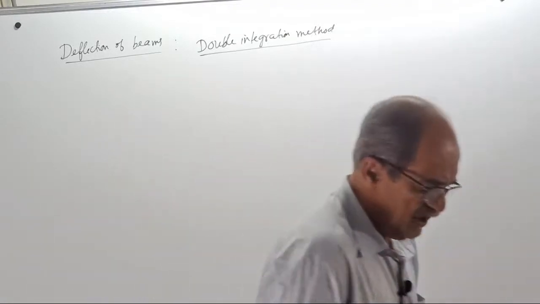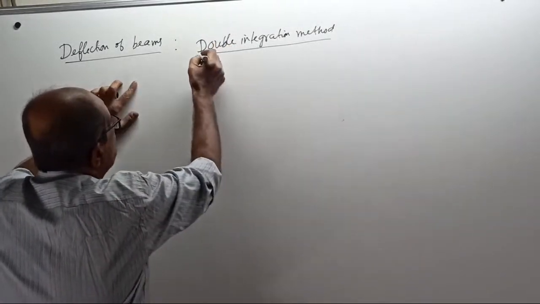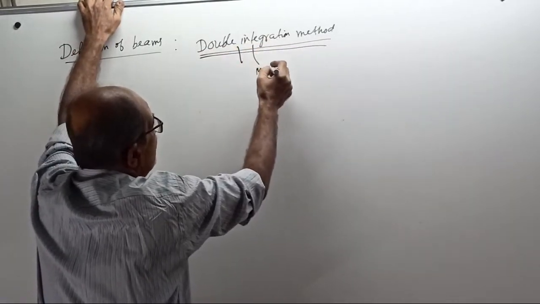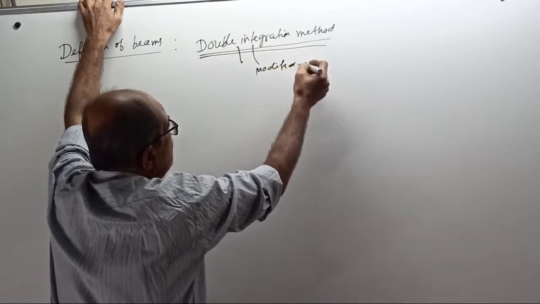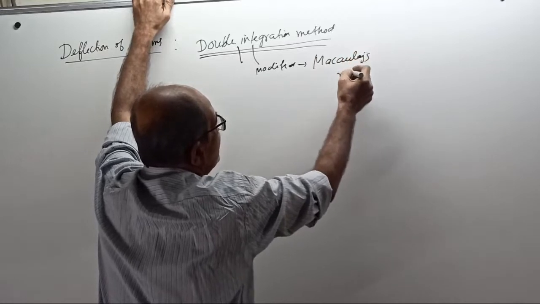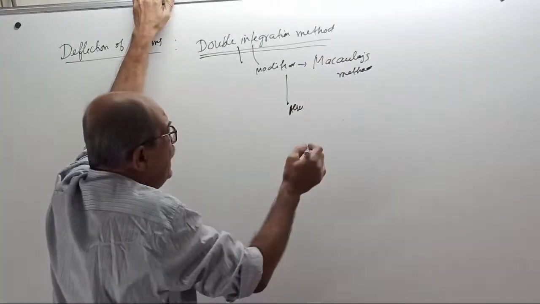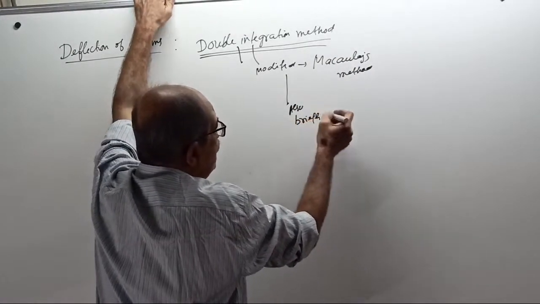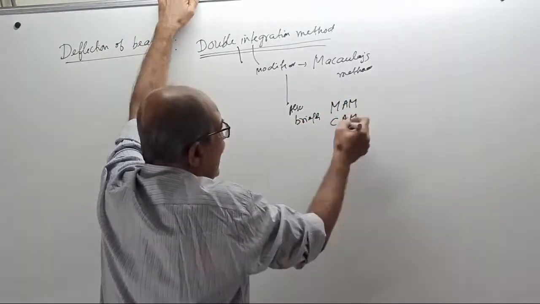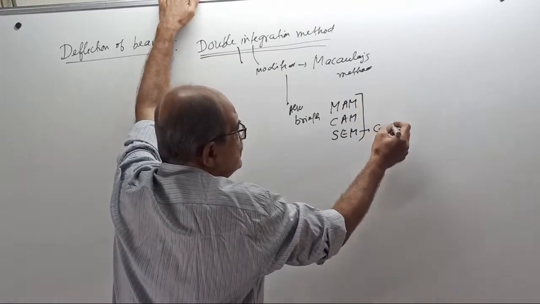Okay, now I'll start. Before starting, remember, there is the double integration method and other methods. The modified version is Macaulay's method. Spelling I don't know. Also we will study briefly a method called the moment area method and the conjugate beam method, and briefly the strain energy method, which uses Castigliano's theorem.